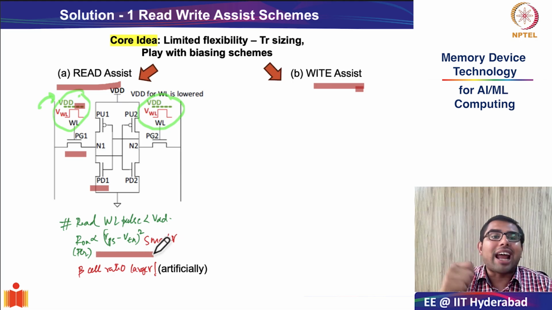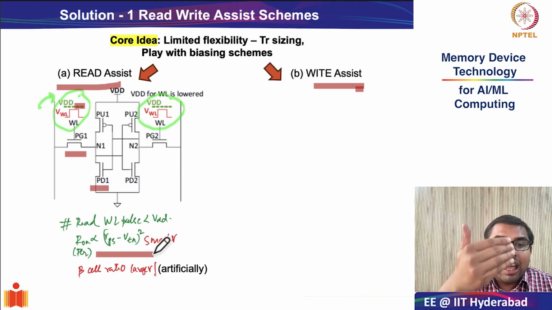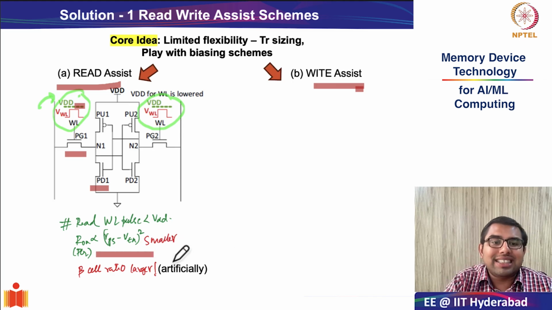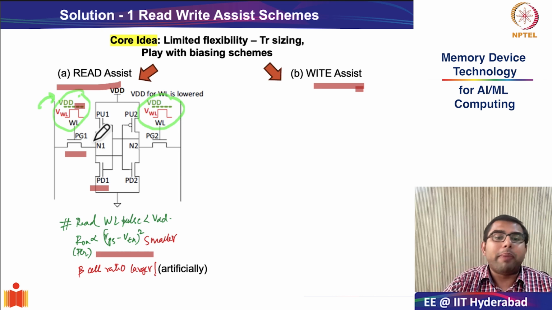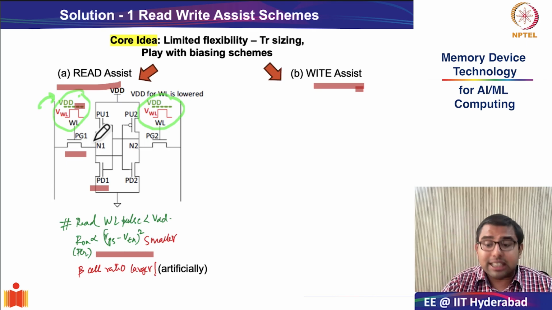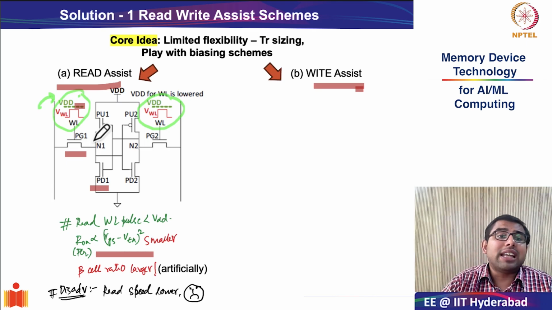If you reduce the drive current, the drive strength automatically comes down, and therefore artificially during biasing you are able to maintain a large cell ratio by making sure that the strength of PG1 is reduced by having smaller gate biasing.